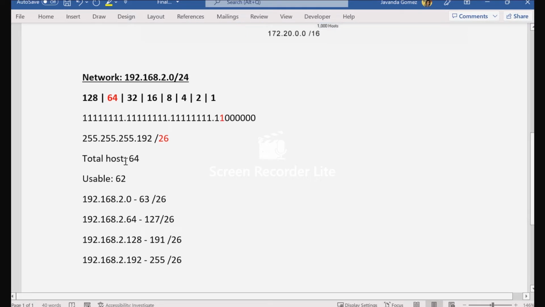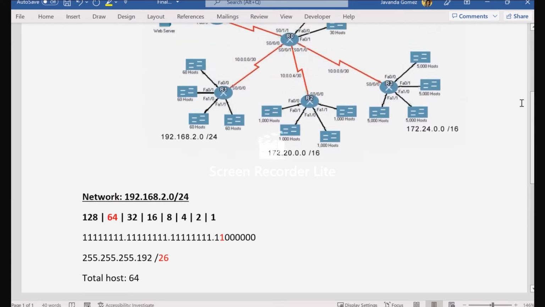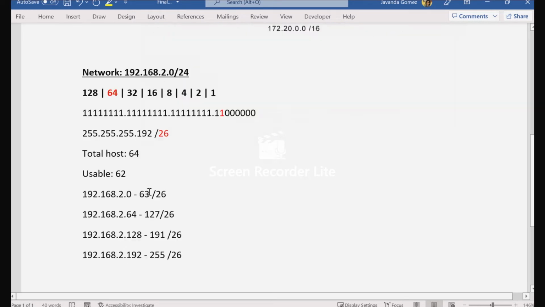Let's go down here, and in total we would have 64 total hosts, but because we have to make way for our network and broadcast addresses, our usable hosts is 62. Now these are the 4 network addresses for our 4 switches. Each of them can have 60 hosts. Well, it could actually have 62 hosts, so we made way for the 60 hosts.